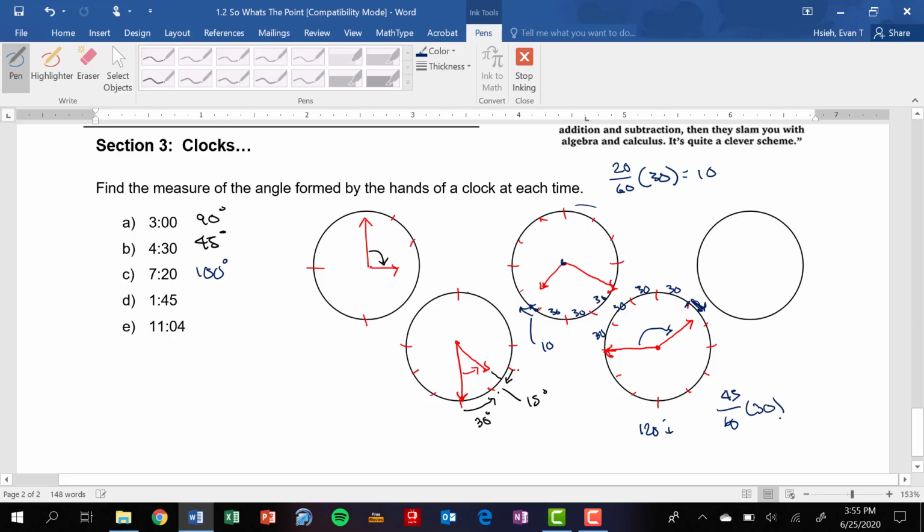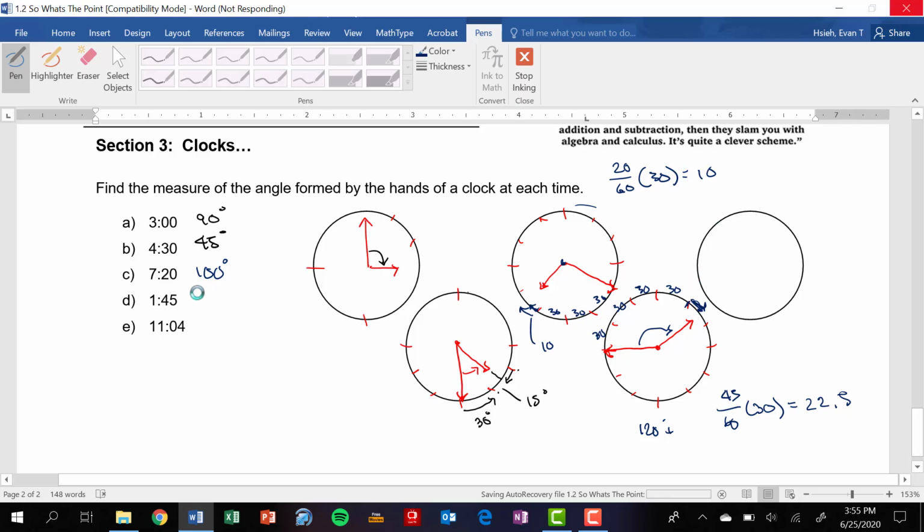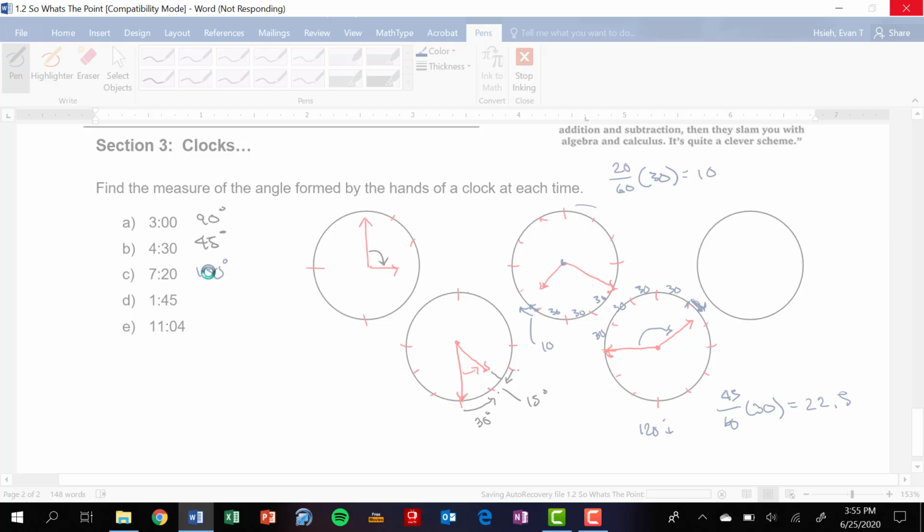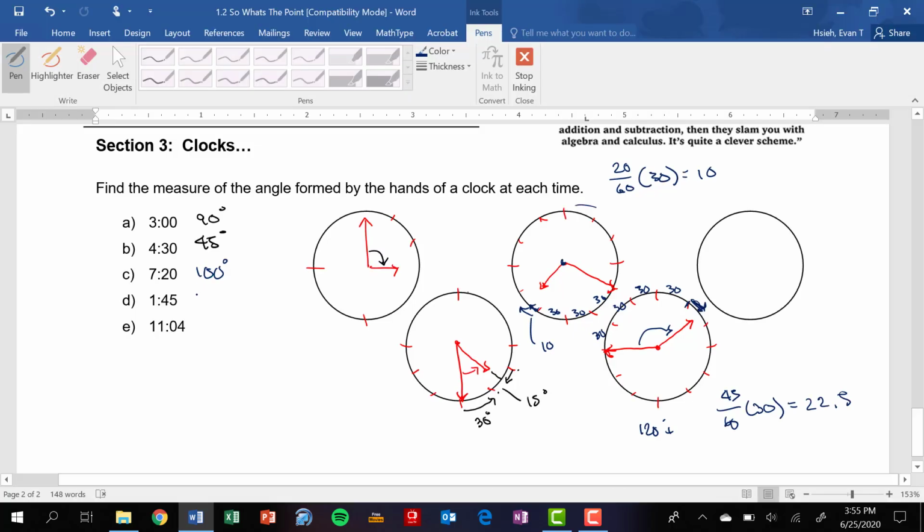So times 30, or it's going to be, what, 22.5, I believe. And so that's just going to be 22.5. So 1:45 is going to be 142.5.